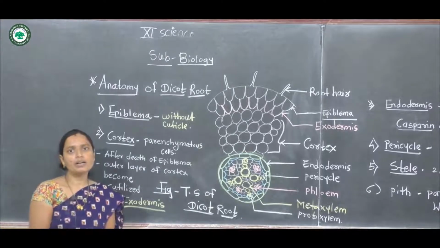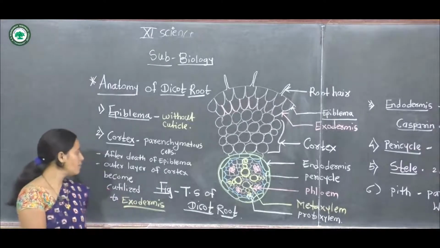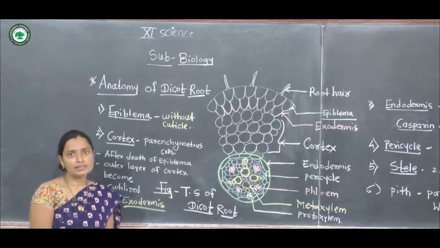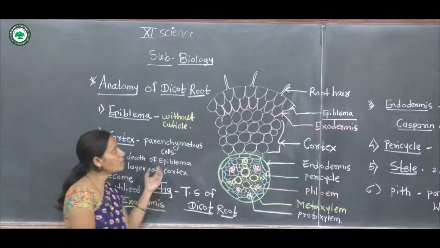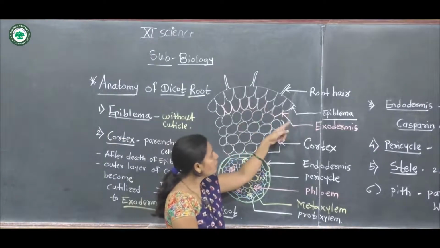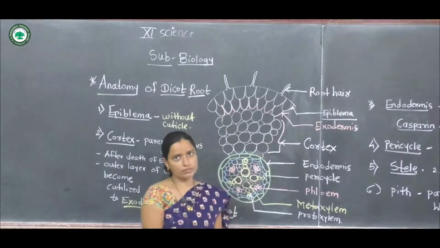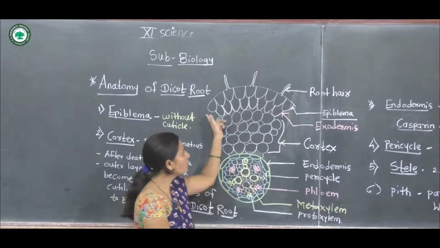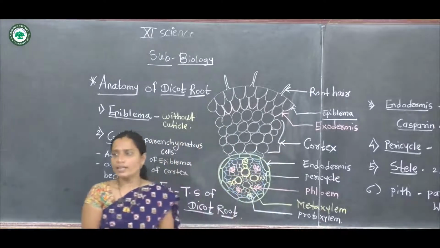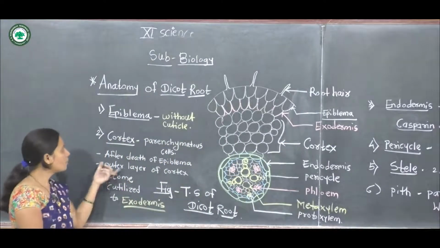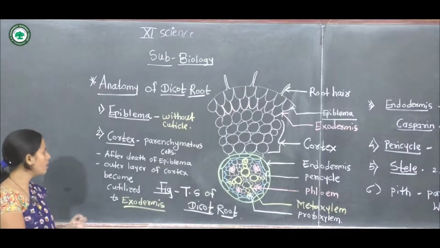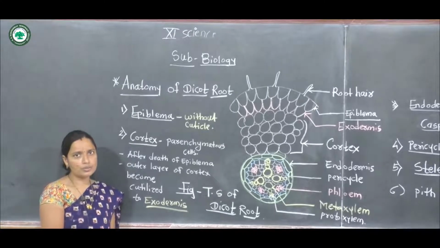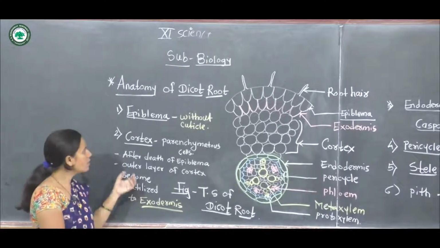After the death of this layer, the outer layer of the cortex becomes utilized, and the exodermis is formed. This outermost layer of the cortex, once it becomes utilized, is called the exodermis. This is the second layer.